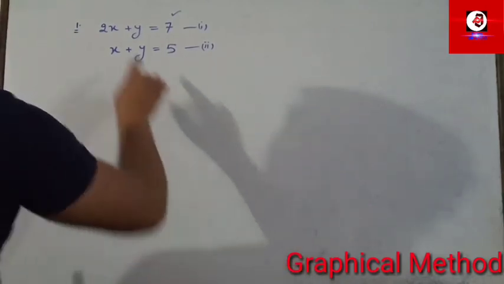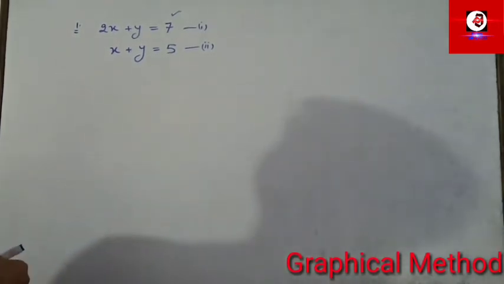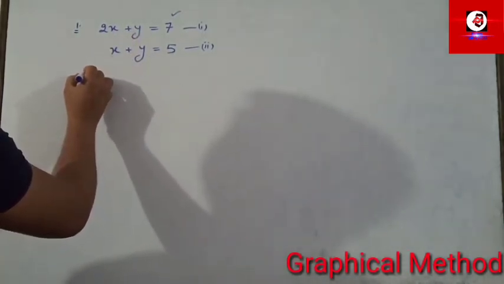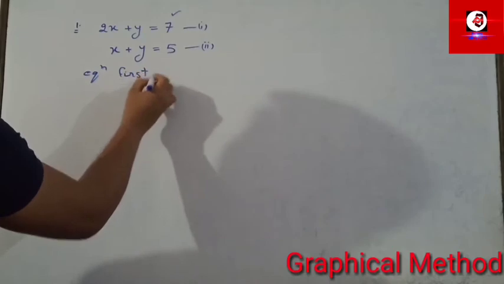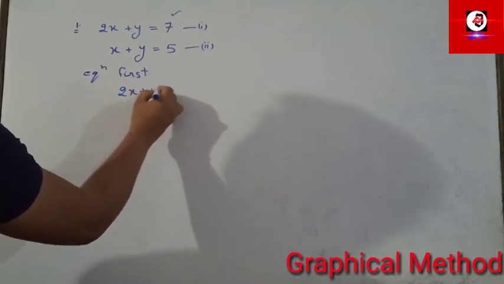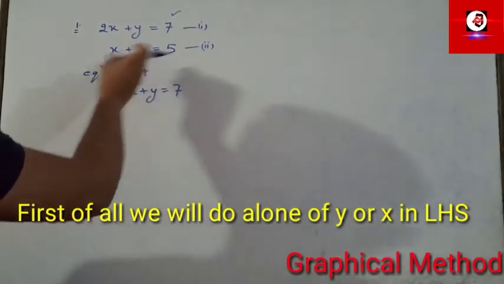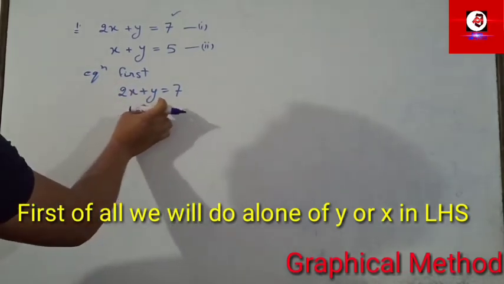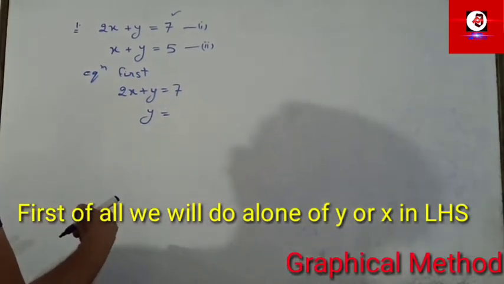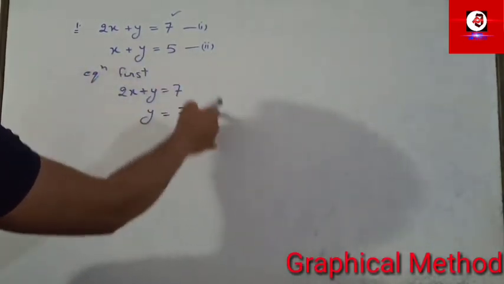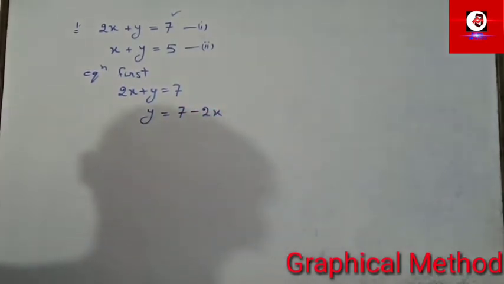So now we will solve by the first method, graphical method. This is simple to understand. First of all, we will take the first equation, 2x plus y equals 7. Now we will transpose, taking y on the LHS and transposing the other term to the RHS, so y is alone.